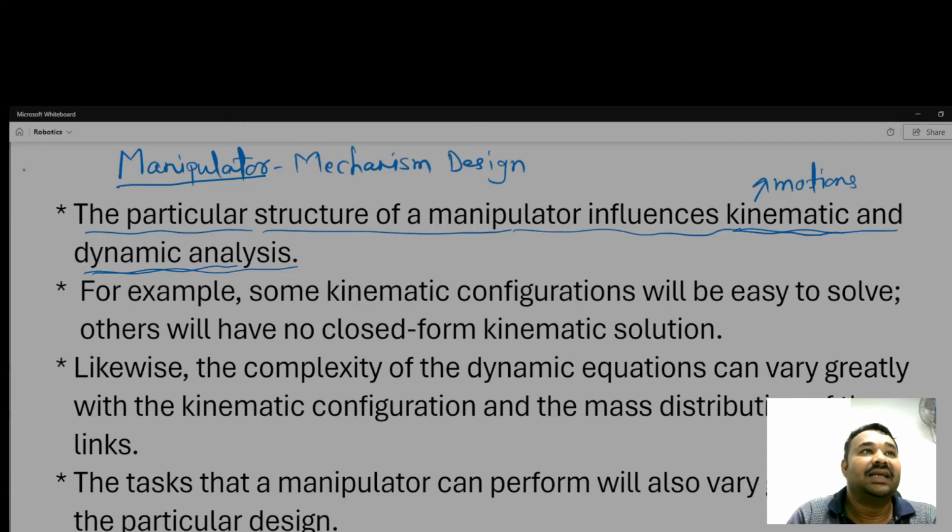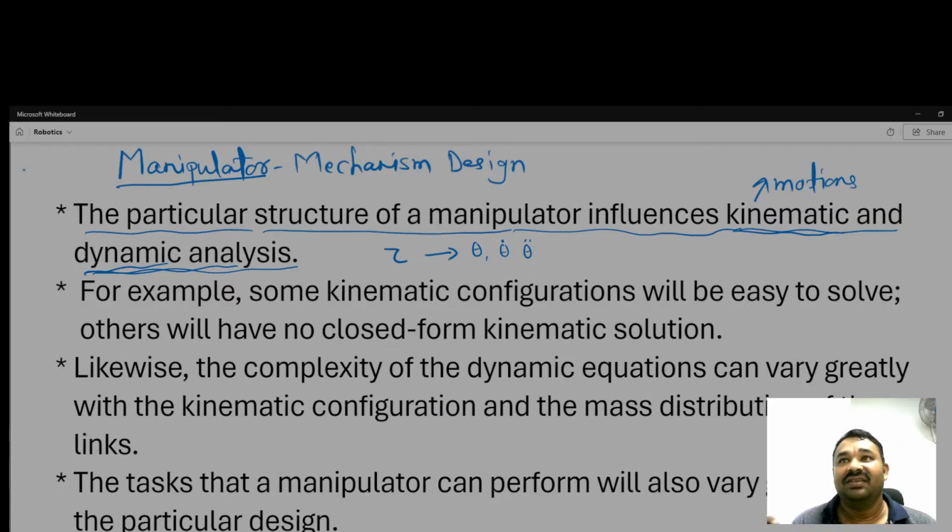But in the case of dynamic, we want to know both input and output. So suppose torque is the input to the joint, means to the manipulator, and based on this we get motions like theta, theta dot or theta double dot in the case of angular. Theta is angular position, theta dot is velocity, theta double dot is angular acceleration.